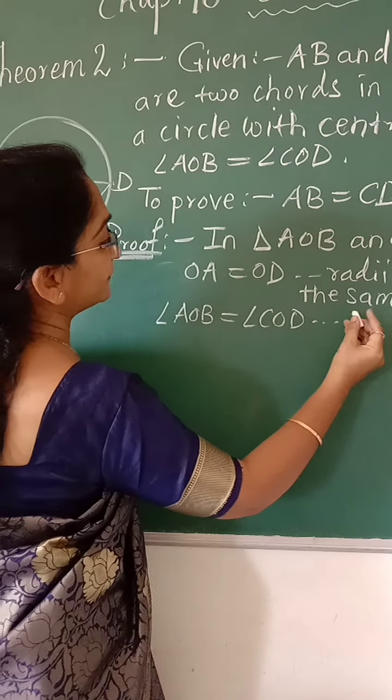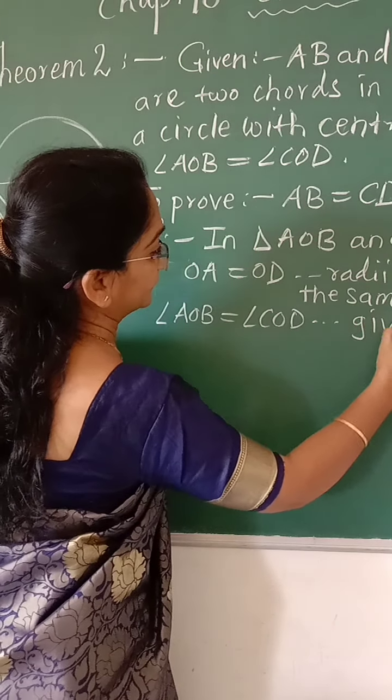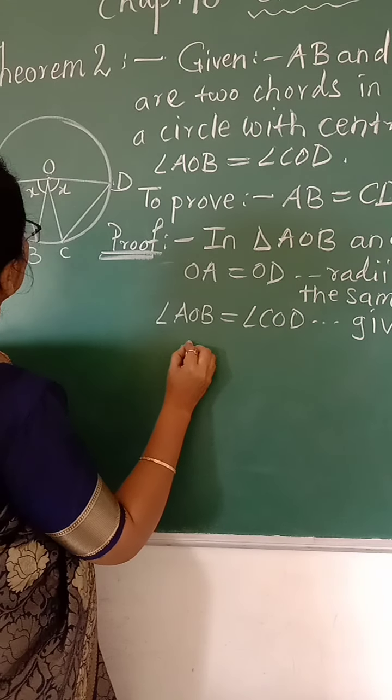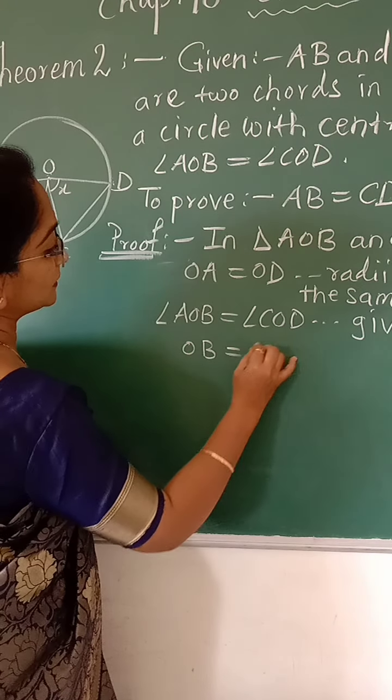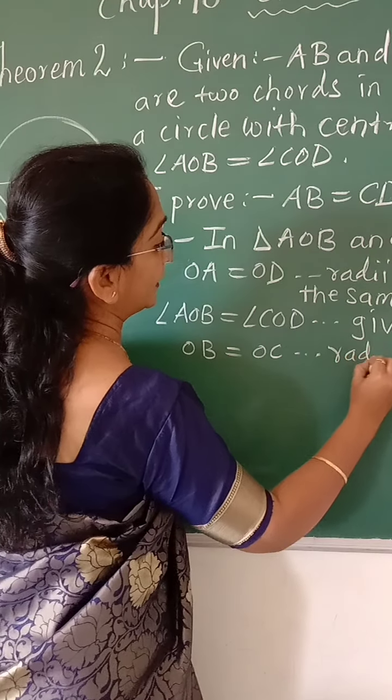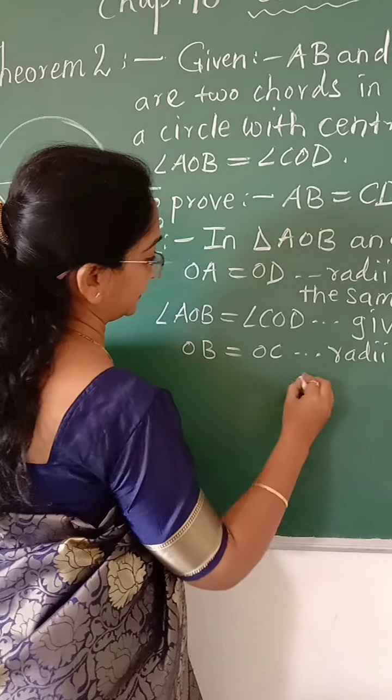What is the reason that will come here? That is given, because it is given in the theorem. Next, OB is equal to OC. Again, the same reason, that is radii of the same circle.